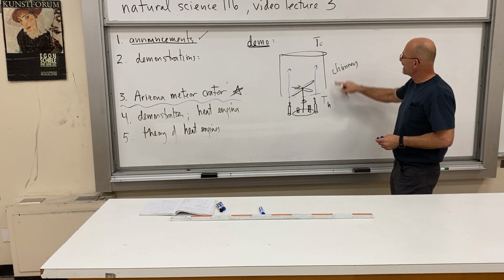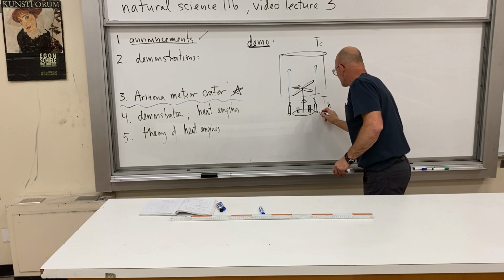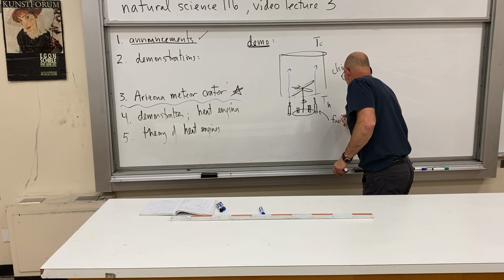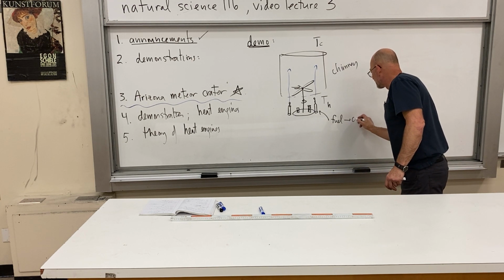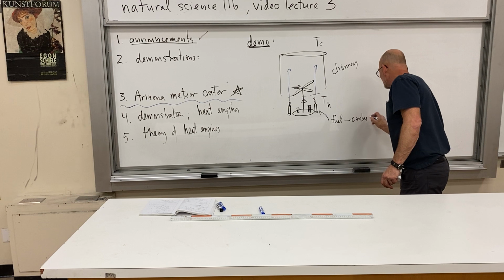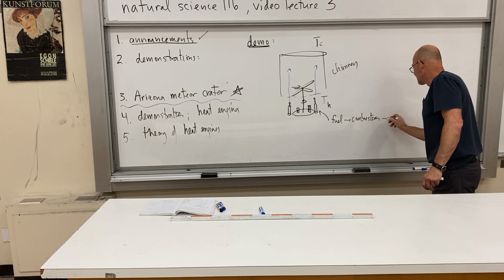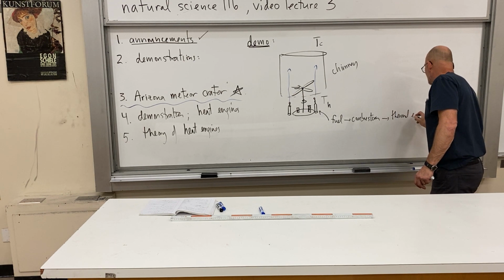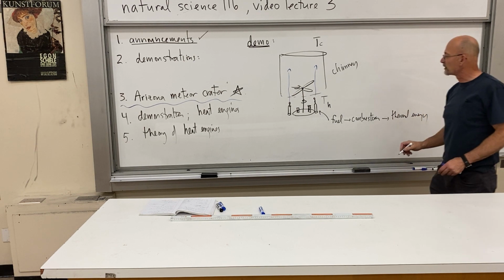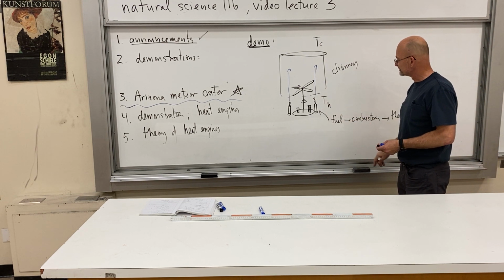Okay, so you've got TH, you've got TC, high and low temperature. You've got the fuel, which is then burning, so you've got combustion, and then you've got thermal energy. So you've got that thermal energy down here at a certain high temperature.